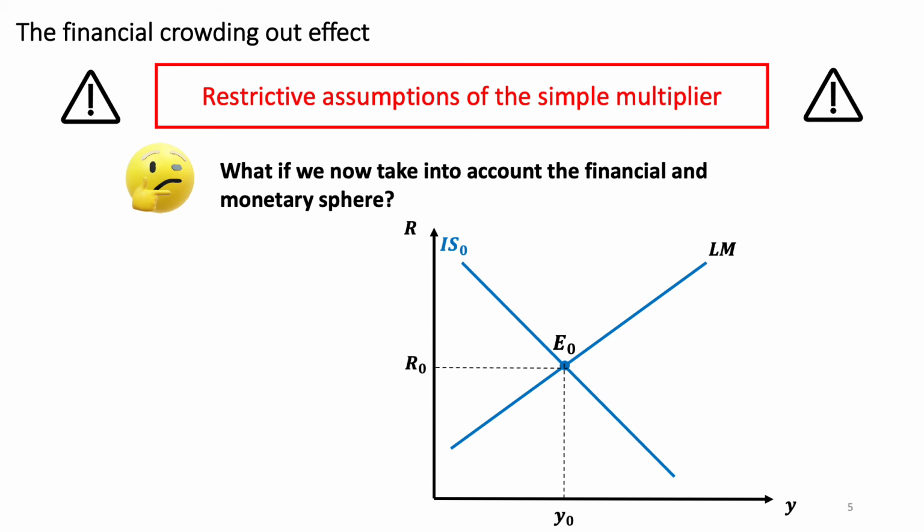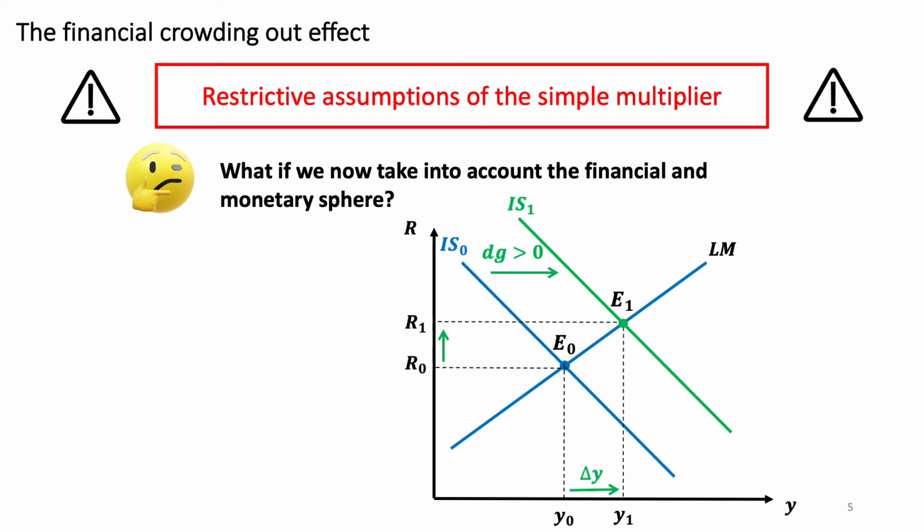In the plane YR, we start at the point E0. Suppose the government increases public spending. IS shifts to the right. And the new equilibrium E1 corresponds to an increase in income Y1 and also to an increase in the interest rate.